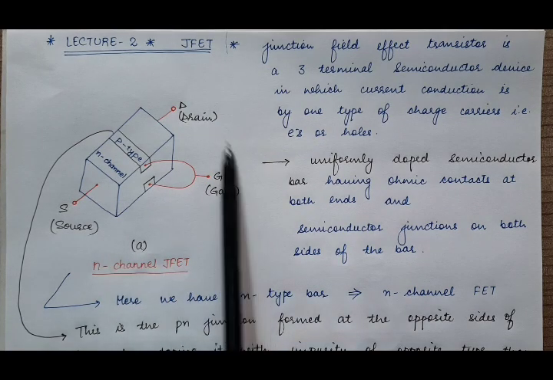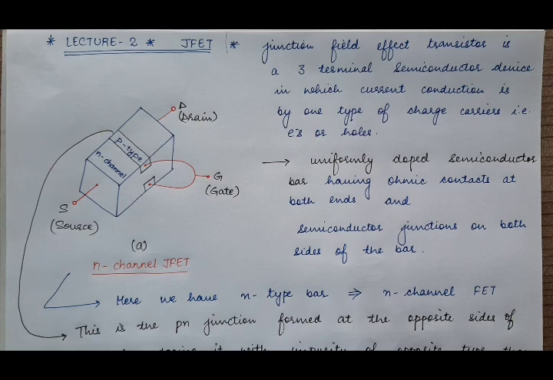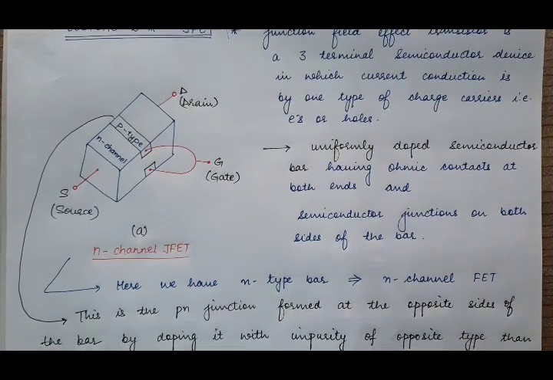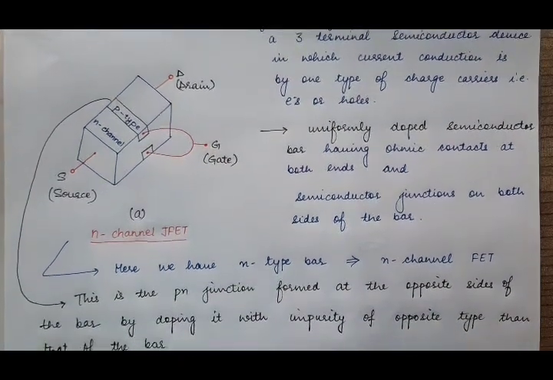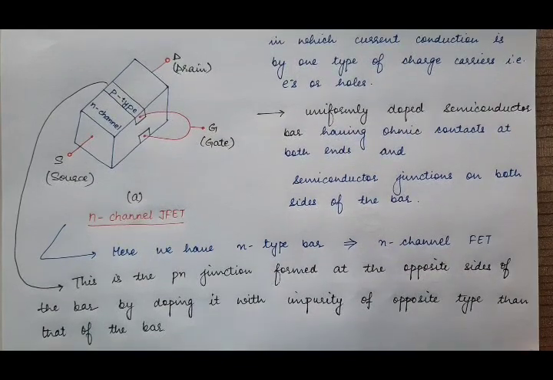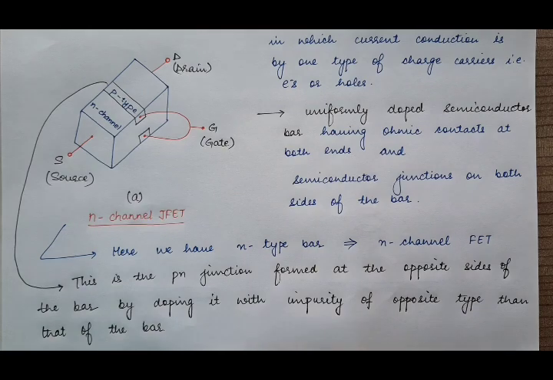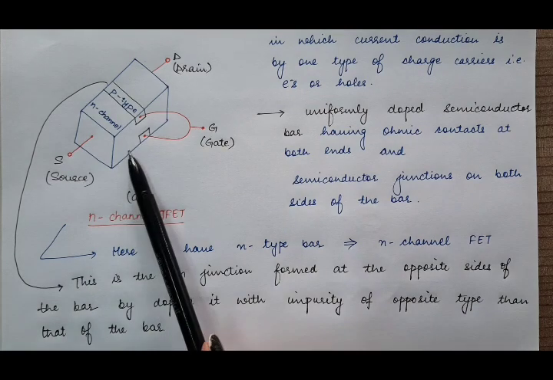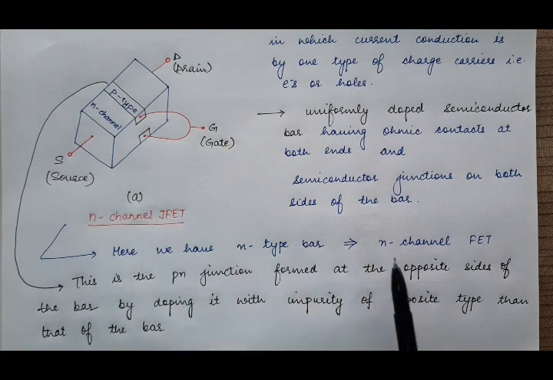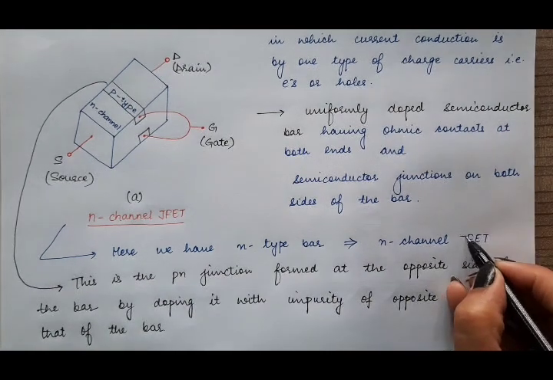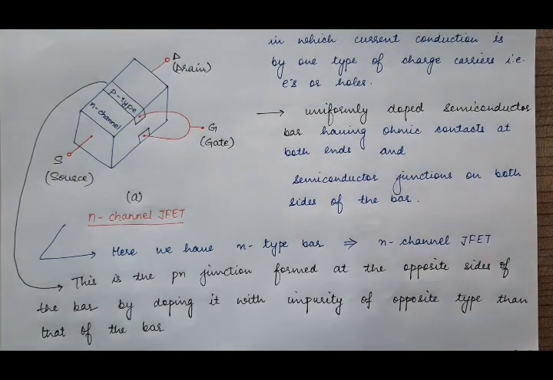And here we have the pictorial representation of the n-channel JFET. For its construction, we need an n-type bar. So we have an n-type semiconductor bar, which is why this JFET is known as n-channel JFET.